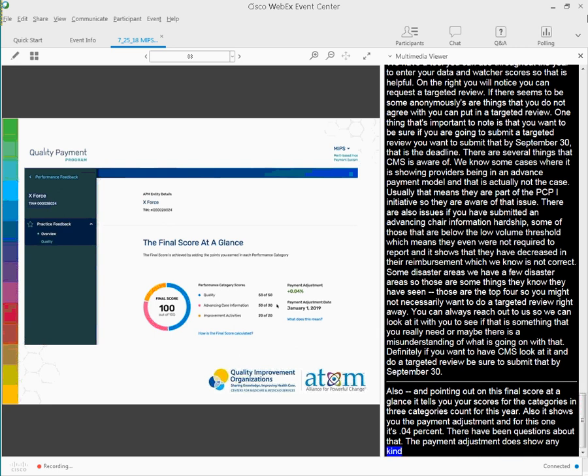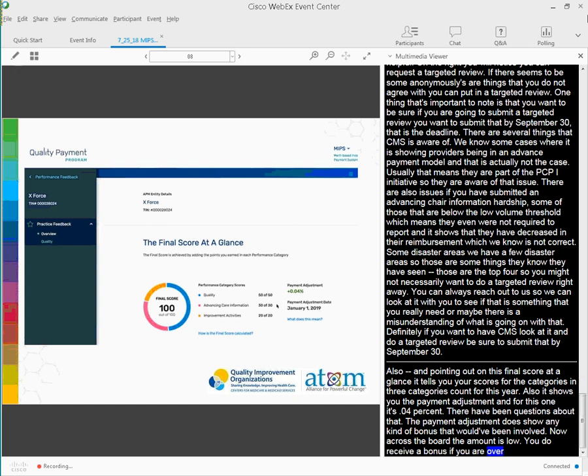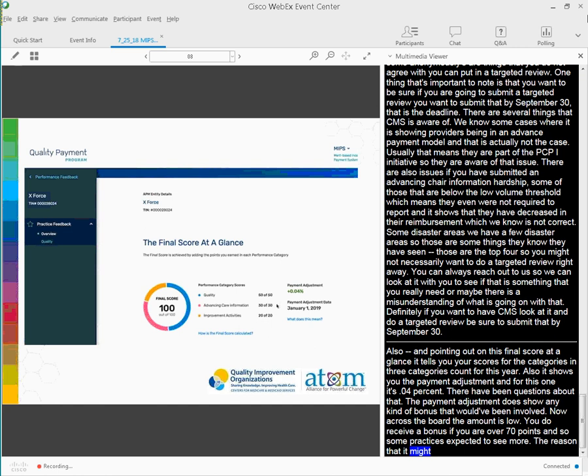Now, across the board, the amount is low. You do receive a bonus if you are over 70 points. And so some practices expected to see more. The reason it might look low is because this is the first year, so of course CMS is ramping up.